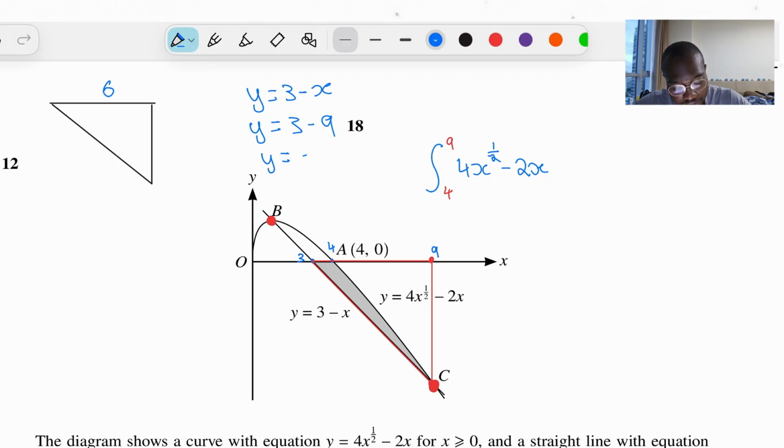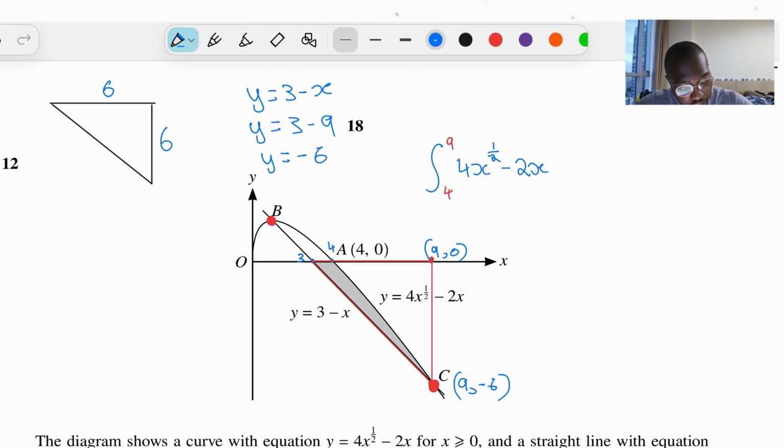And that gives us minus 6. We know that the y coordinate is minus 6. So this would be 9, minus 6. And we know that this is 9, 0. So we know that would be a distance of 6 as well. Okay, it would have a height of 6.